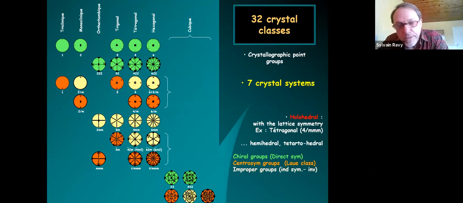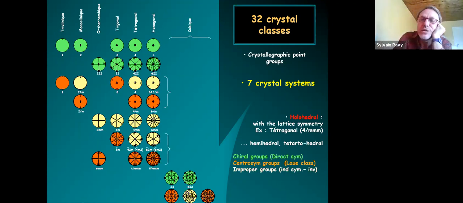Okay. So it looks very much like the table I showed you 30 minutes ago. But I have removed, of course, all the 5-fold symmetry and all the symmetries larger than 7. And that's a strong limitation. And so we have only 32 crystal classes.